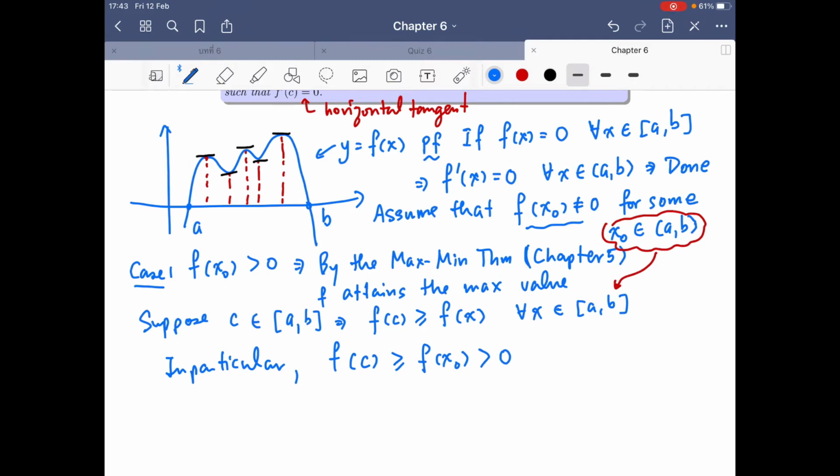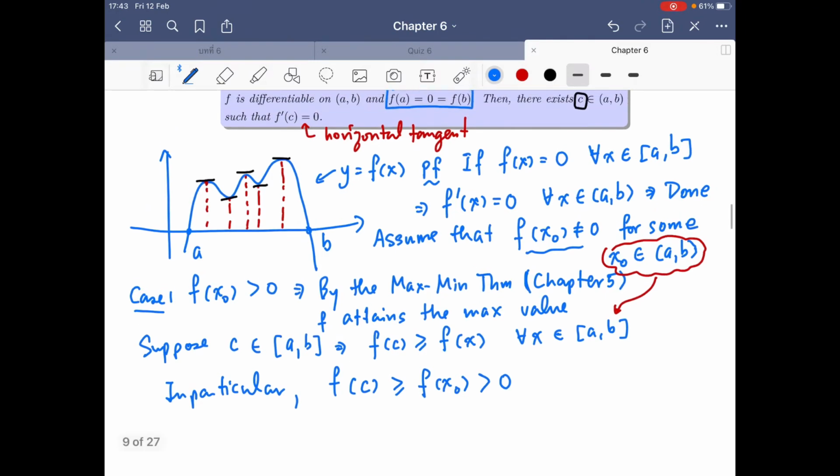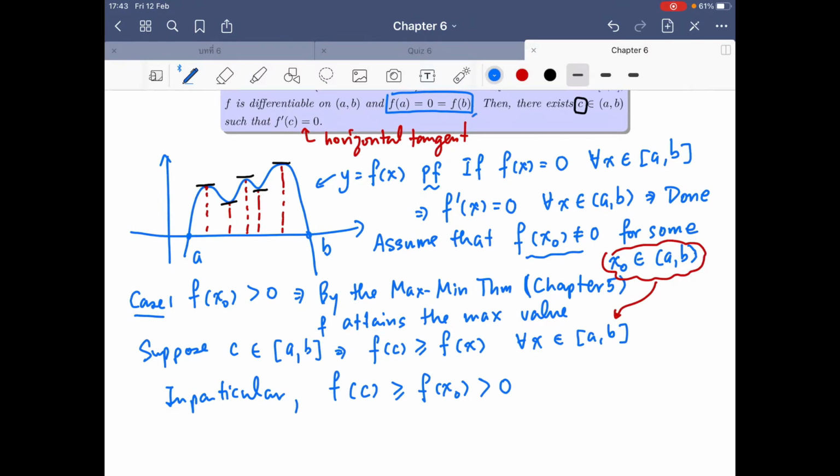Of course, because your f at a and your f at b is 0, it means that your c is not a and your c is not b. So it means that your c is actually inside the open interval.